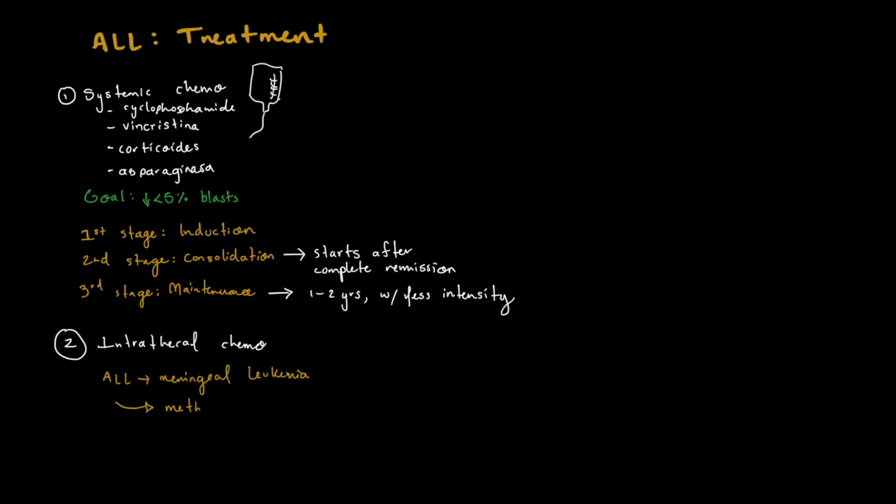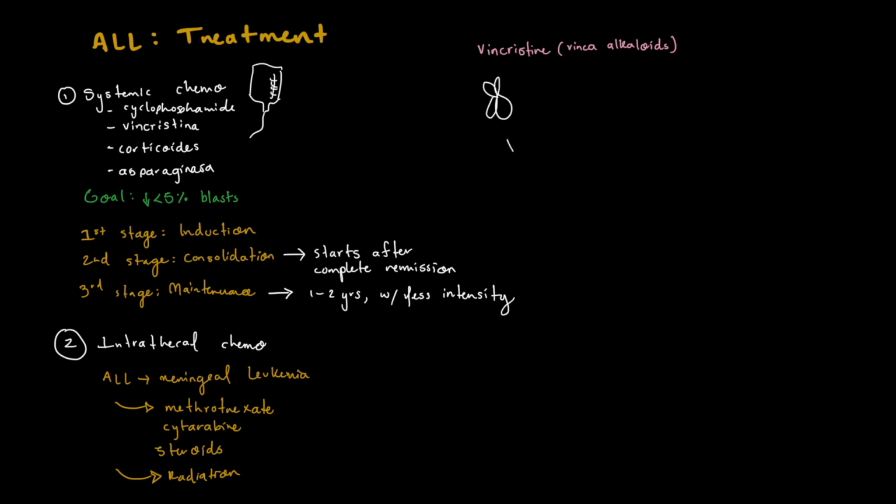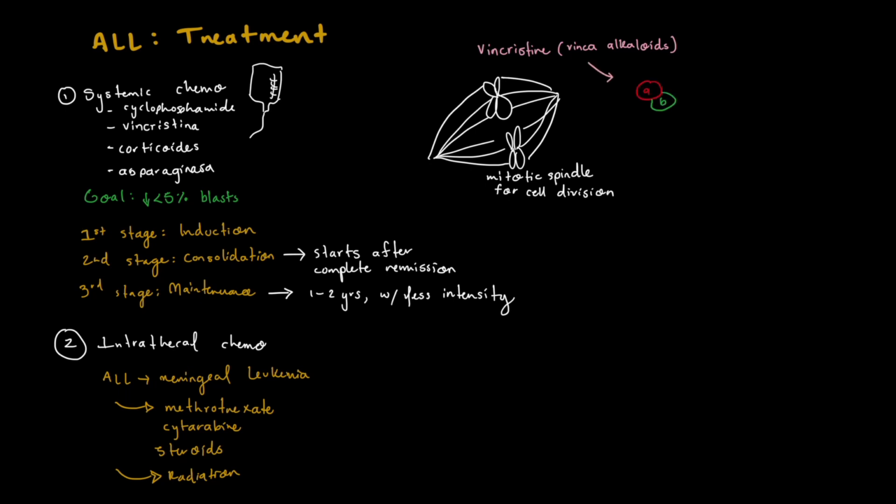Also, we have another type of chemo, the intrathecal chemotherapy for meningeal leukemia. In this type of chemotherapy, we can also add radiation. To understand the mechanism by which some agents participate in the interruption of this deaccelerated growth of immature cells, we have the vinca alkaloids.